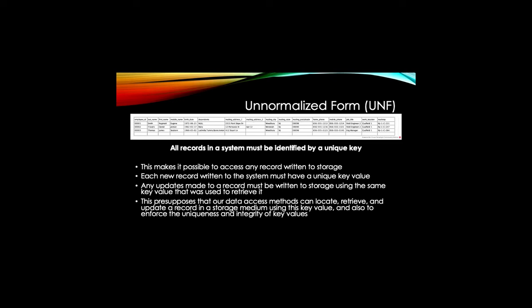Any updates made to an existing record must be written to storage using the same key value that was used to retrieve it. So if I go out and pull back Maria De Filippi's person record and change her last name to Boney, when I write it back in, I need to write it back in using that ID so that it overlays the data that was there before.